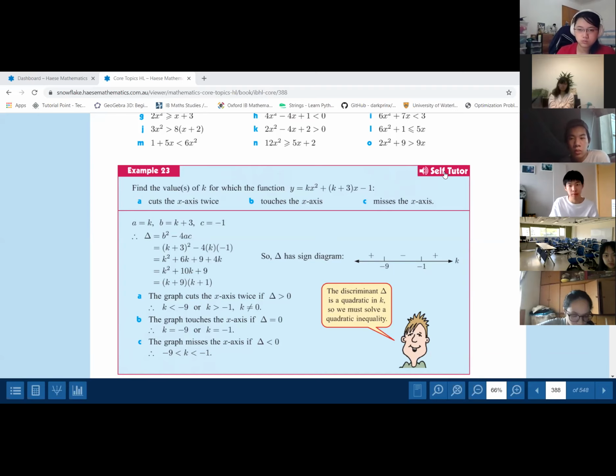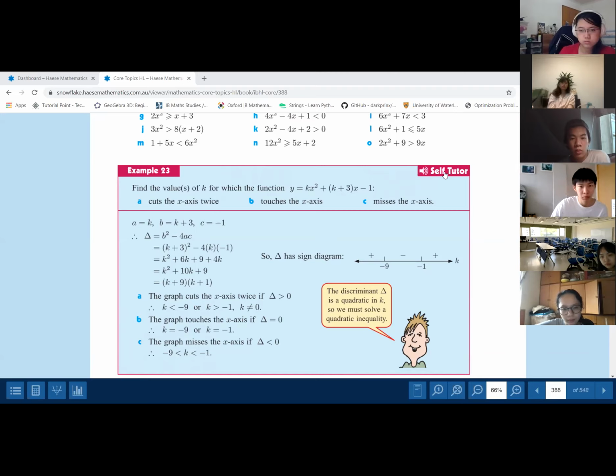Since the discriminant is a quadratic in k, we will need to solve quadratic inequalities. We therefore want this quadratic in factored form, so that we can use a sign diagram. 9 and 1 have product 9 and sum 10. So the quadratic has linear factors k plus 9 and k plus 1. Its zeros are -9 and -1.